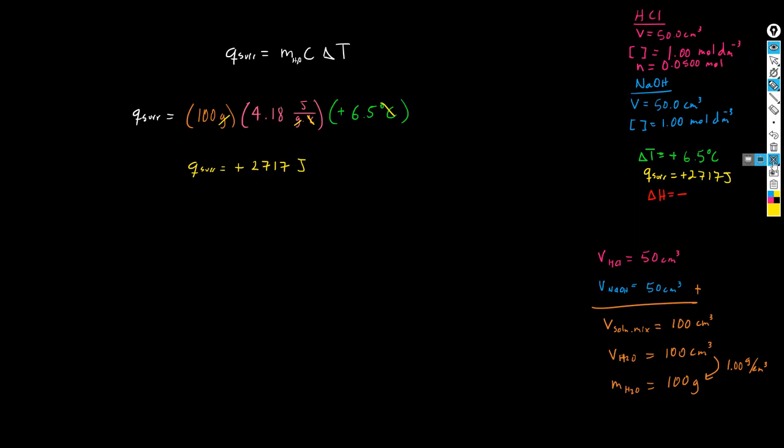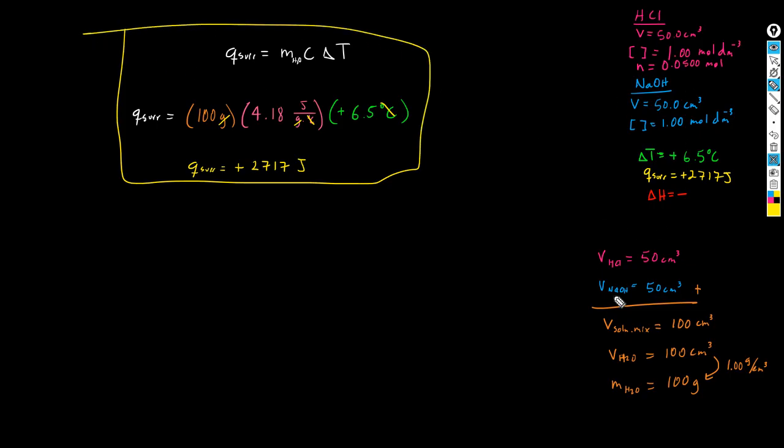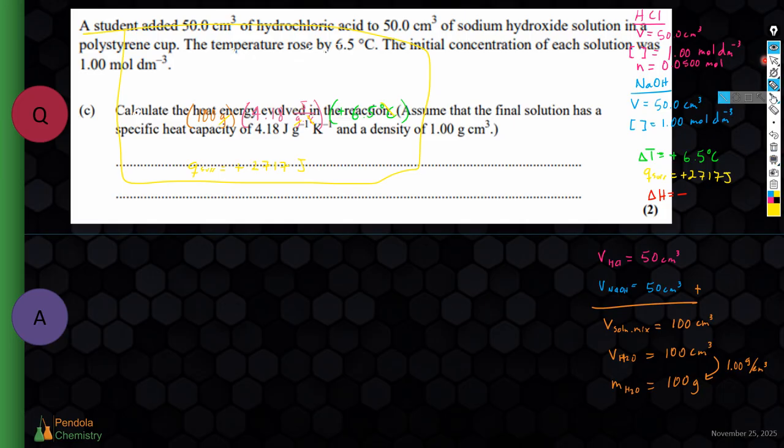So if we go back now, this is our math. This is the work that you should be showing. This is just me keeping track of everything. If we go back to our question, what is the heat energy involved in the reaction?